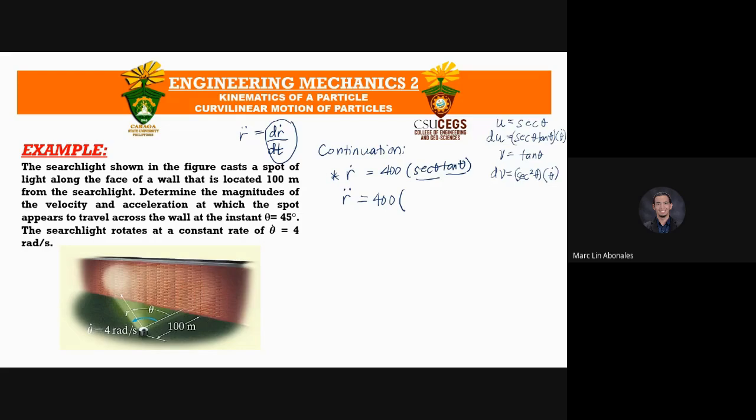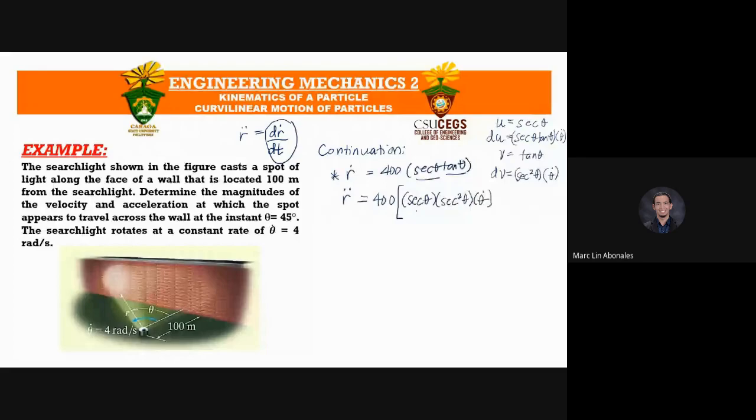So mo nang imohang gamiton to perform product rule. So that would be UdV plus VdU. So U nato is second theta and dV is second squared theta times theta dot.